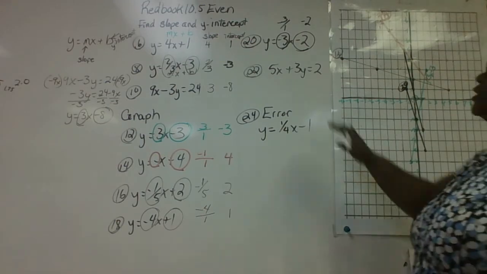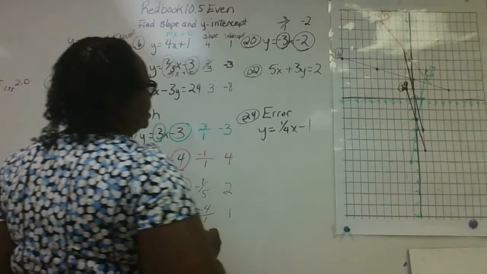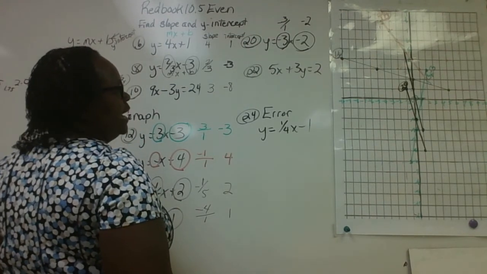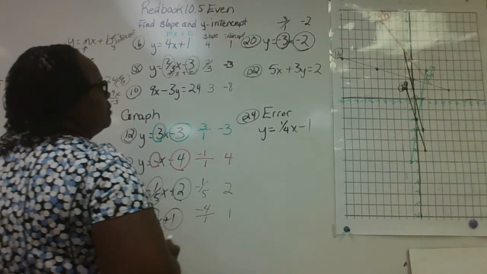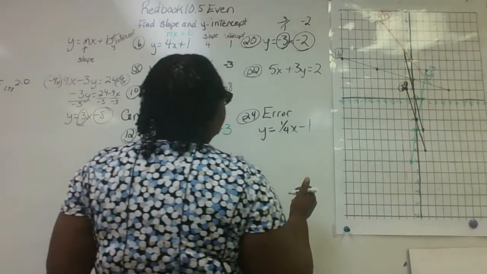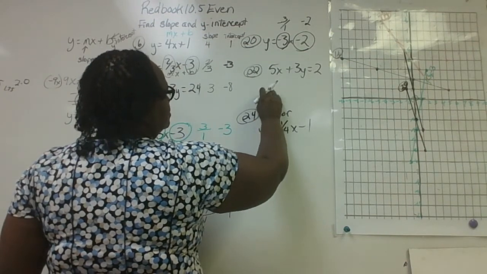Now, on number 22, it's not in y-intercept form. We need to put it in y-intercept form in order to make an informed decision as to our slope and our intercept. So here we need to take a moment, and we're going to move our 5x to the other side.